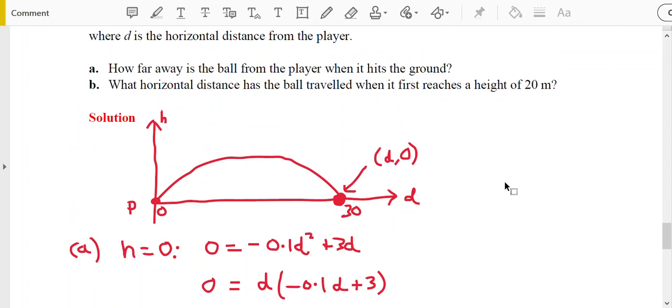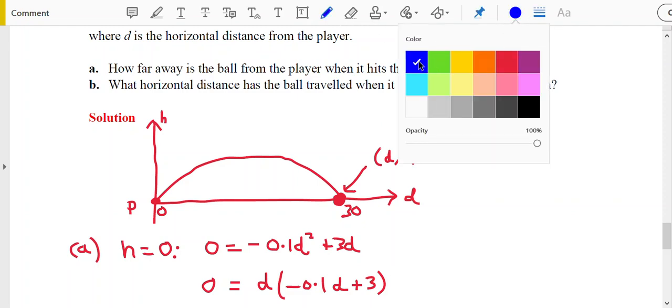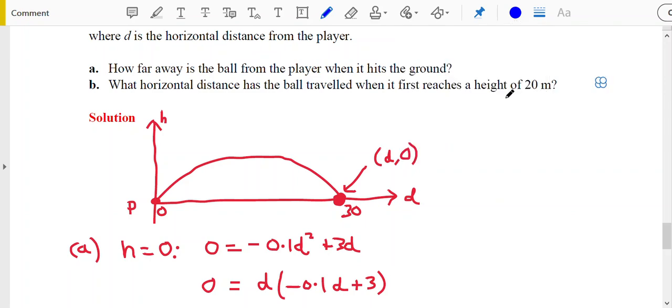Part B. What horizontal distance has the ball traveled when it first reaches a height of 20 meters? Okay. So this is a height of 20 meters. So that's somewhere up here. So in my blue pen here, 20 meters somewhere up here.